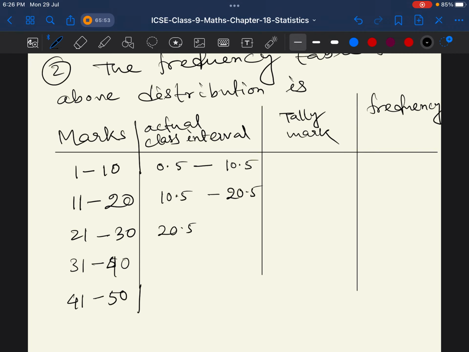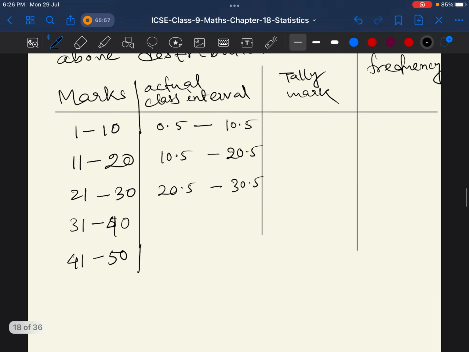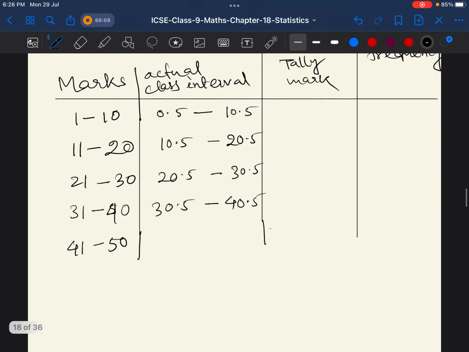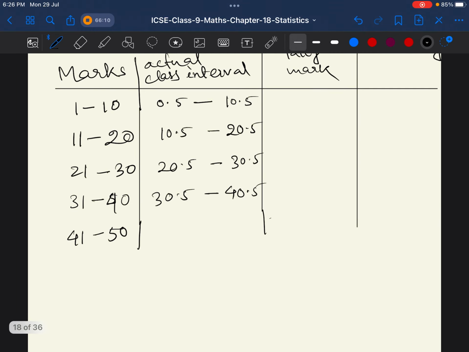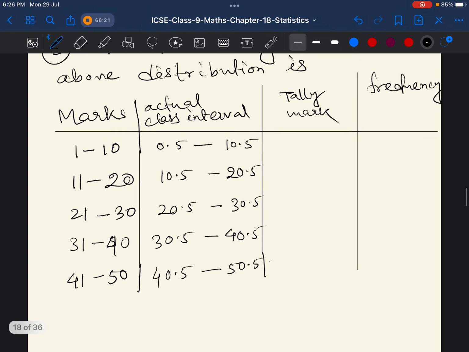Then subtract 0.5 from 21 and add 0.5 to 30, giving 30.5. Add 0.5 to 40 to get 40.5, and subtract 0.5 from 41, we will get 40.5, and this will be 50.5, add 0.5 here.